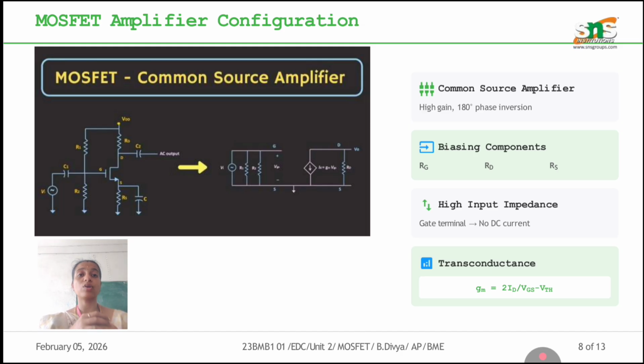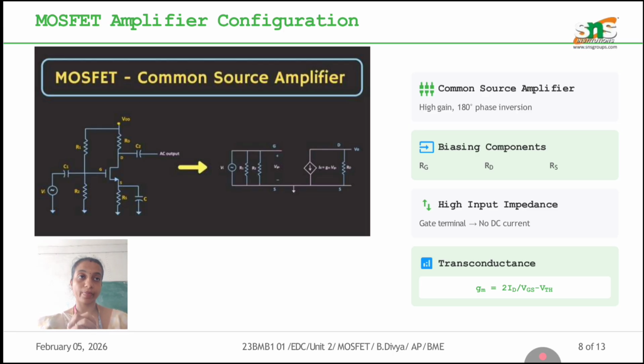MOSFET amplifier configuration. How is the MOSFET amplifier configuration done? MOSFET is used as a common source amplifier. We can use this transistor to develop an amplifier.